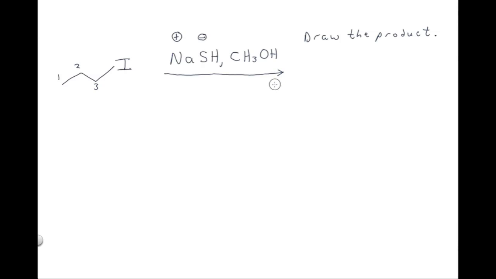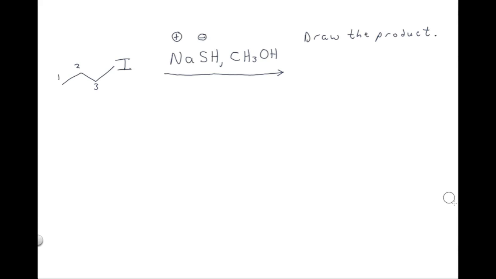Okay, so what roles would we expect things to play? Well, starting here with the CH3OH, you should recognize that the CH3OH is an alcohol. You could call it methyl alcohol. Now we know that the alcohol is the solvent. Alcohols are solvents. But we also know that it's possible for alcohols to be nucleophiles. So should we use this alcohol as a nucleophile?